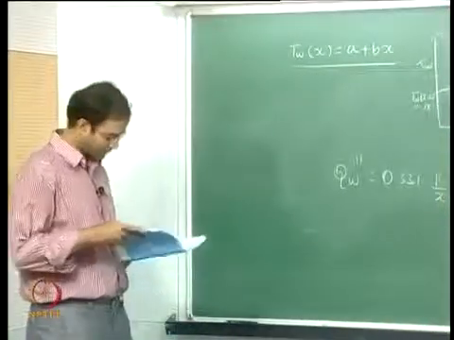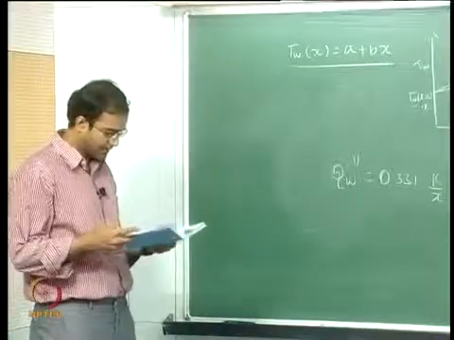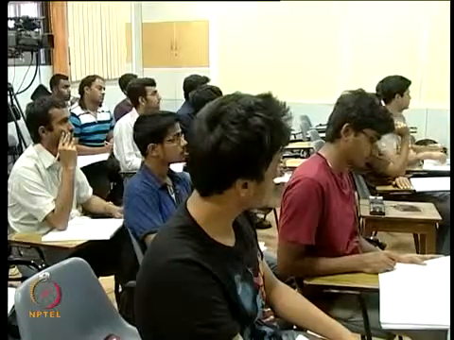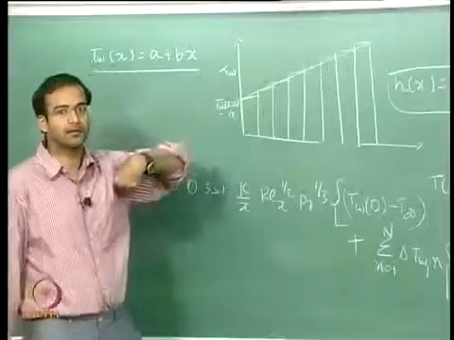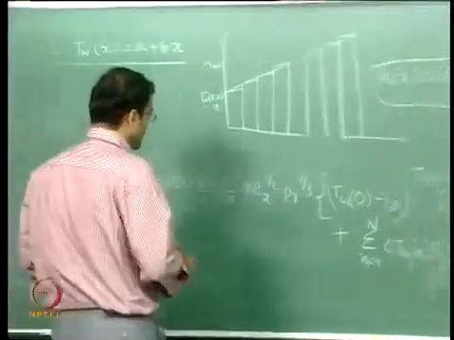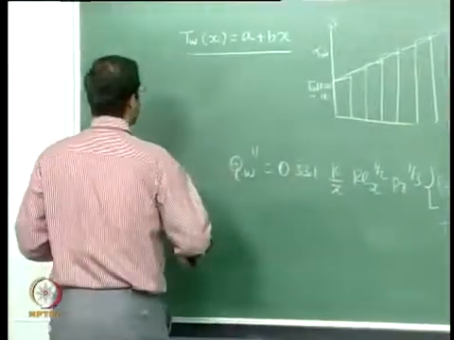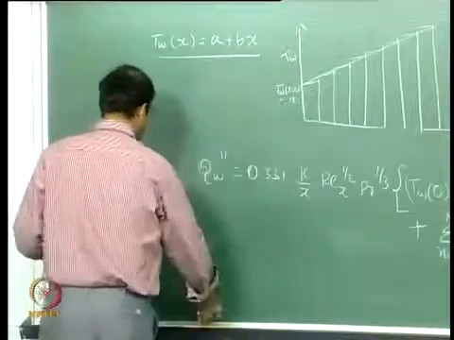Okay, now for more complex profiles, it's more likely that most of the wall temperature variation cannot be approximated just by a straight line. It will be a more complicated profile. So for a more complicated wall temperature variation, what is common practice is that we can approximate the wall temperature variation as something like a power law series.